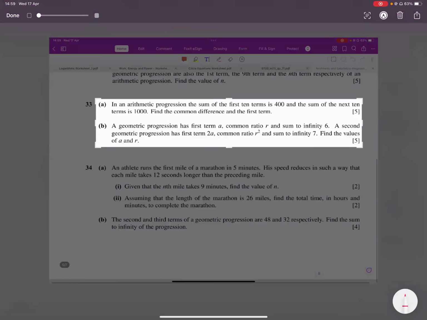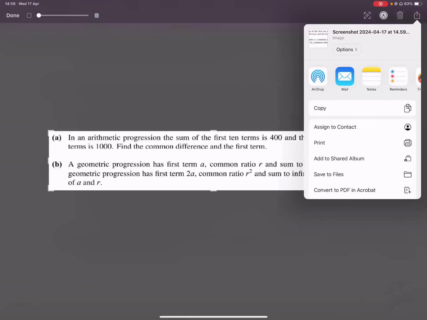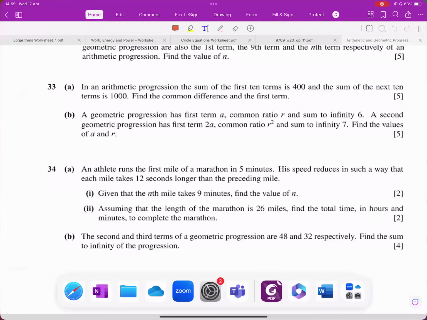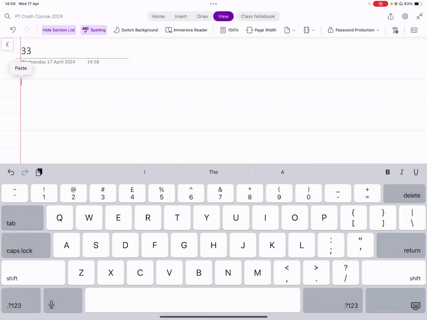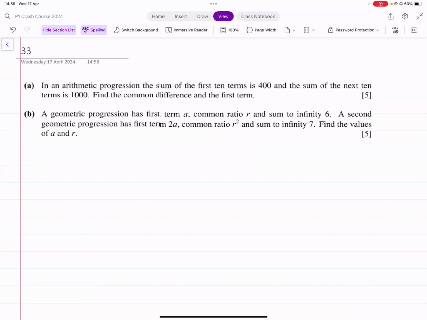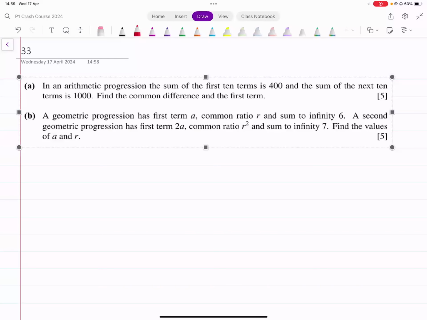Okay, question number 33. Let's try this now. Okay, so it says in an arithmetic progression, the sum of the first 10 terms is 400. Okay, now how do you write that?